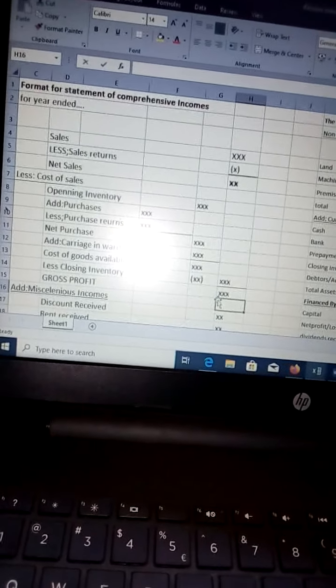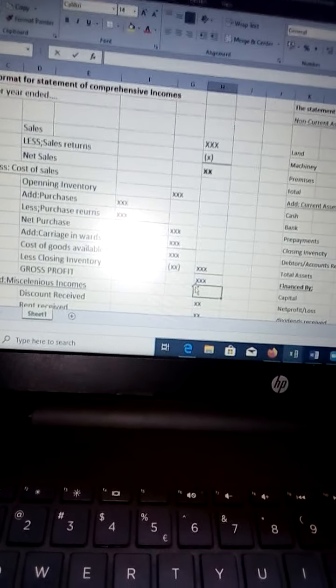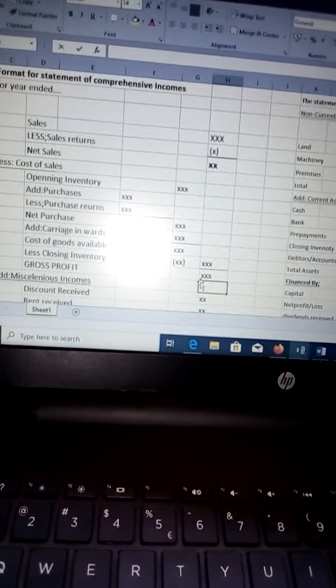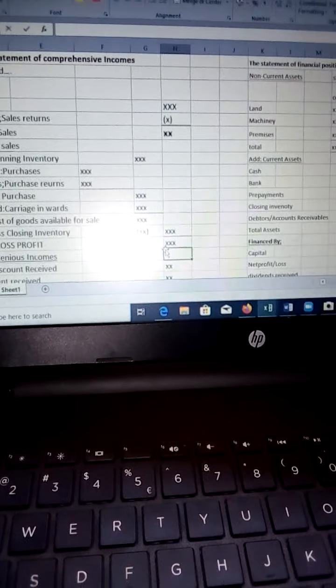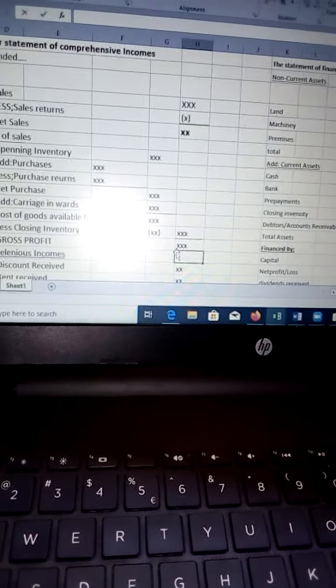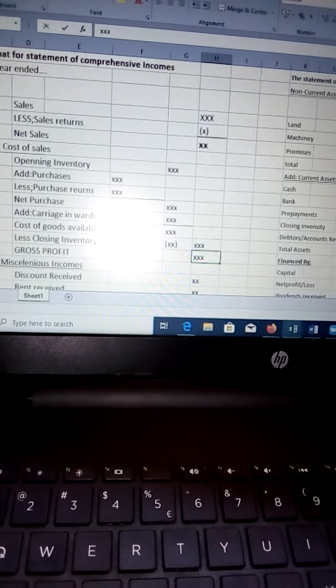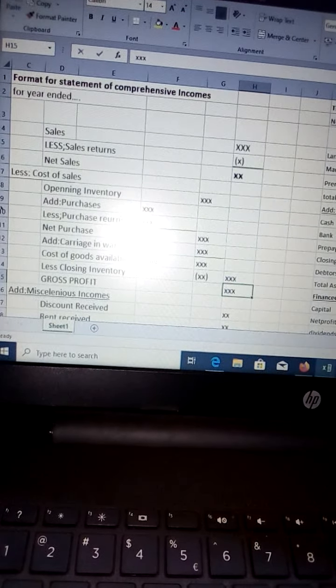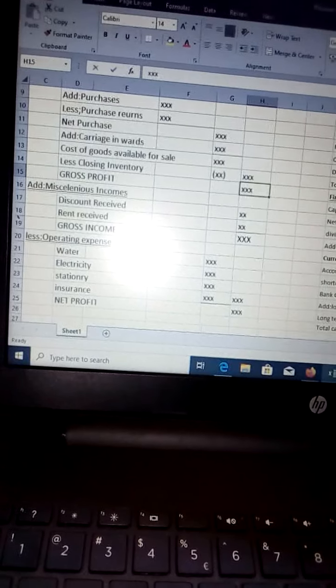Then you sell each matoke at 15,000. By the end of it all, you have 150. So when you less 100, which was the cost of sale, and you remain with 50,000, don't celebrate that you have profit, because after getting the gross profit, you are supposed to go on as these steps are showing.